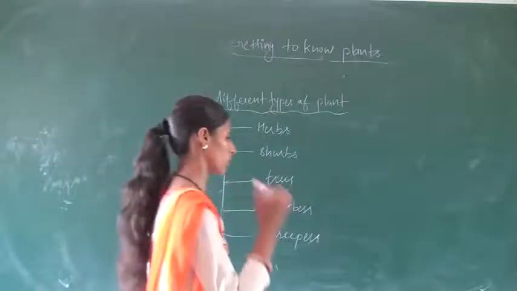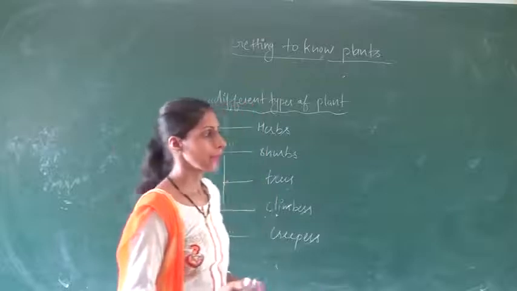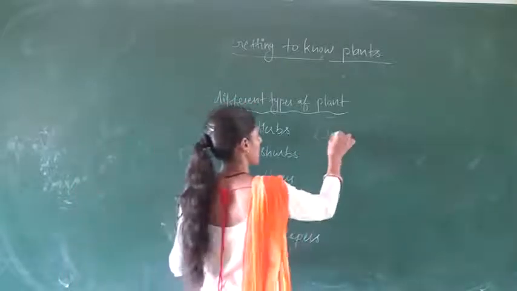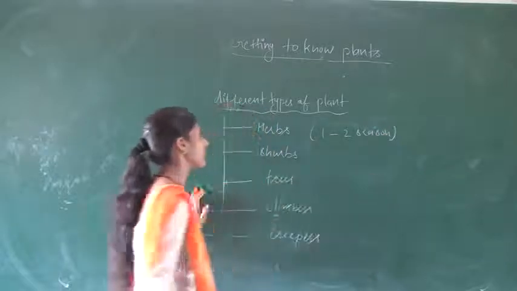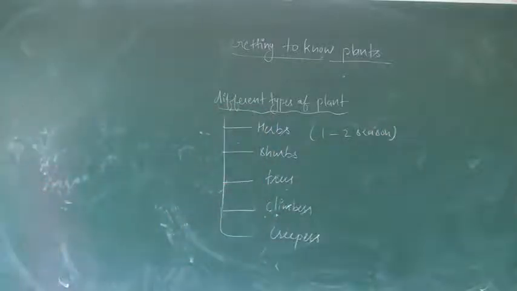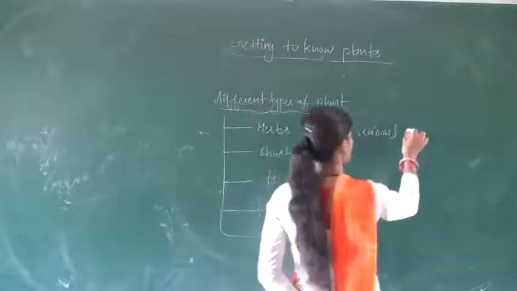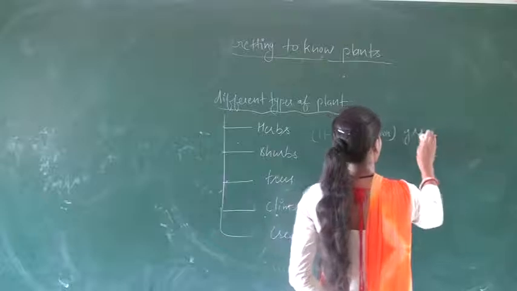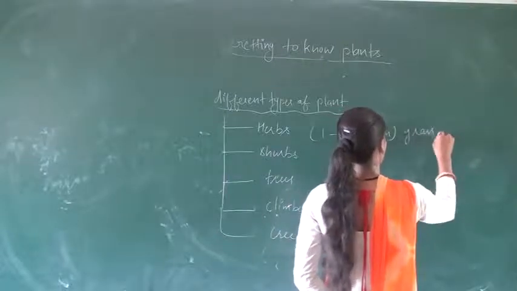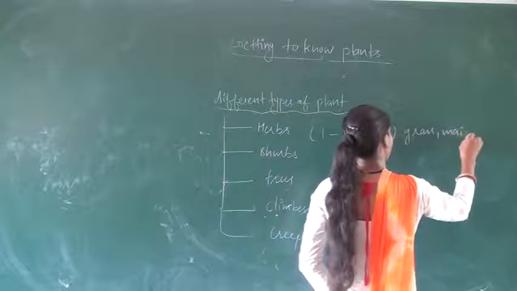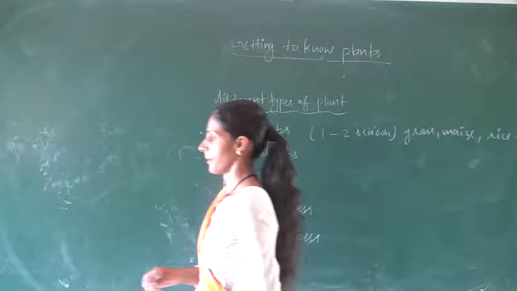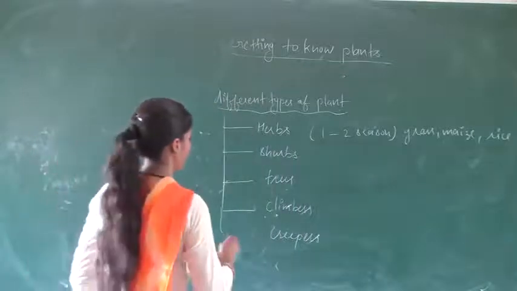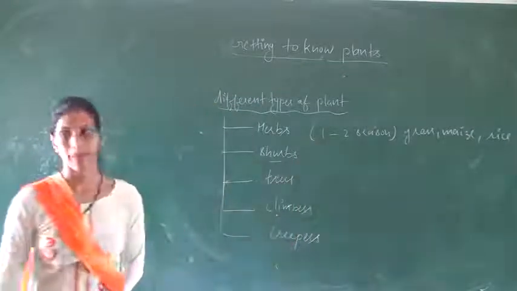They may live for 1 to 2 seasons. For example, some herbs are grass, maize, rice, etc.